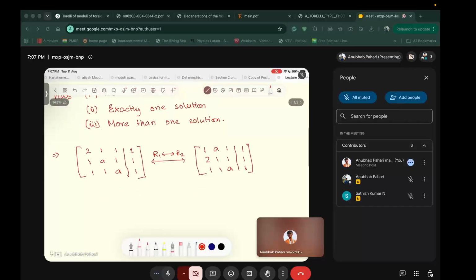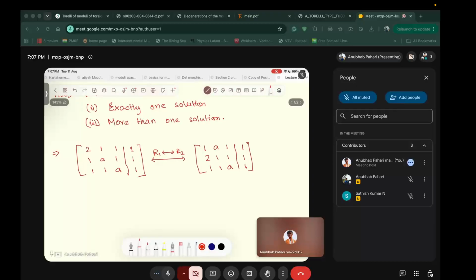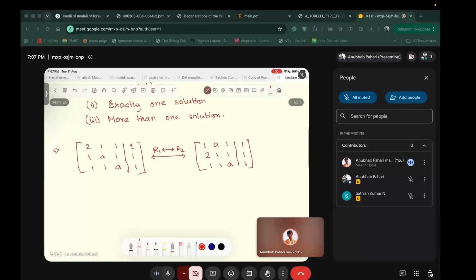Then what you see is that our first column, first row entry is 1. So you can say the first target is obtained.